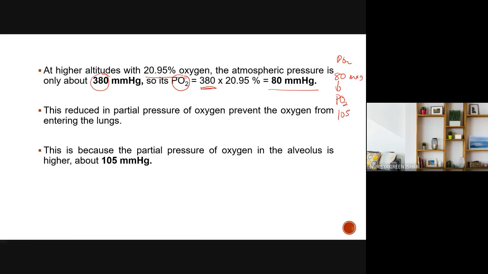Tak boleh lah daripada 80 nak pergi masuk ke 105 kan. So proses yang terlibat ni adalah diffusion. So diffusion daripada high concentration to low concentration, from high partial pressure to low partial pressure. Tak boleh daripada 80 ke 105. So that's why it is harder for you to breathe when you are at higher altitude.